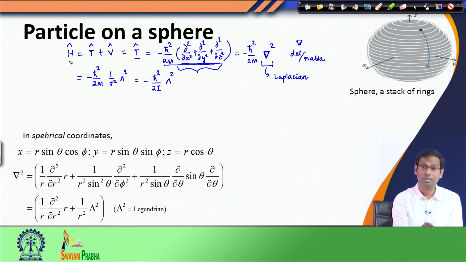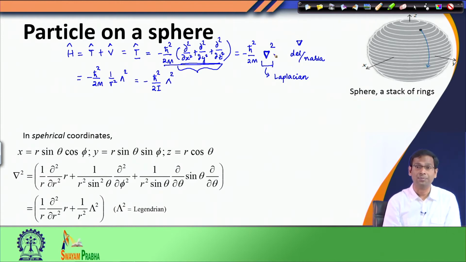Just to remind you, I started with my Hamiltonian, where I had a kinetic energy and a potential energy operator. I said that the particle on a sphere does not experience any external potential, so V is 0 and my Hamiltonian has only the kinetic energy operator, which I wrote down in Cartesian coordinates.